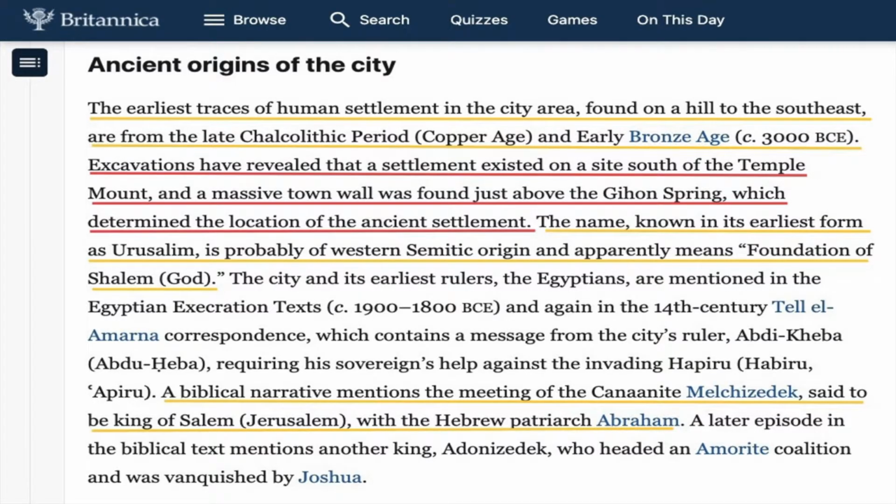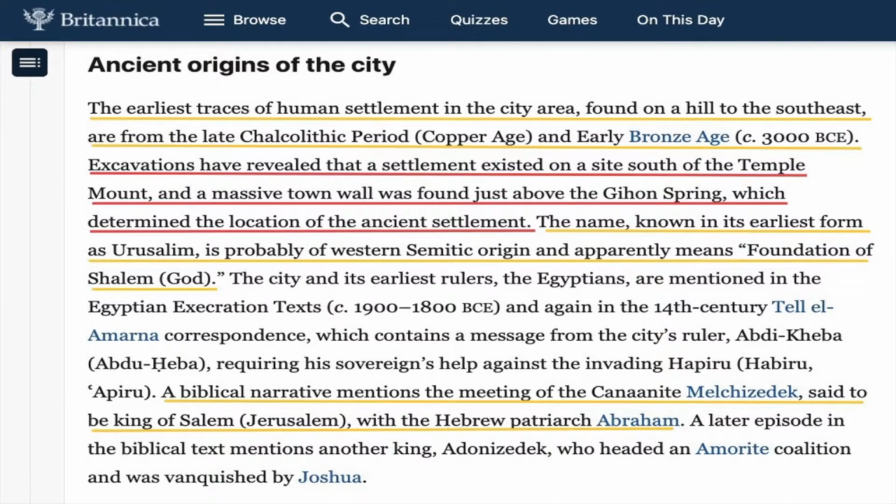This is from Britannica, Ancient Origins of the City. The earliest traces of human settlement in the city area, found on a hill to the southeast, are from the late Chalcolithic period, or Copper Age, and early Bronze Age.